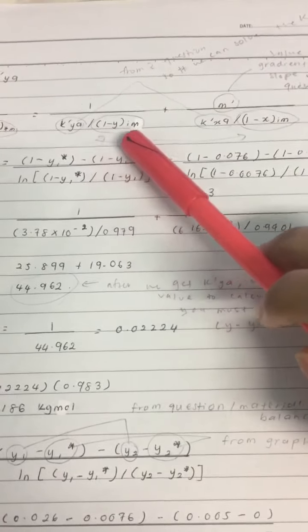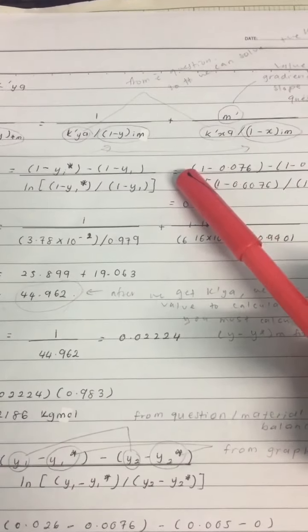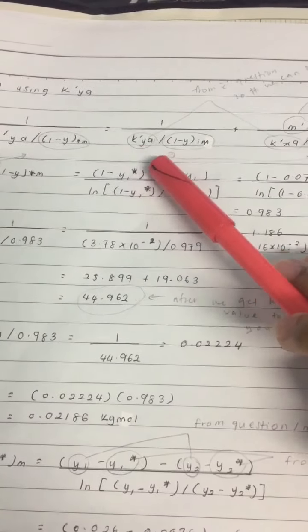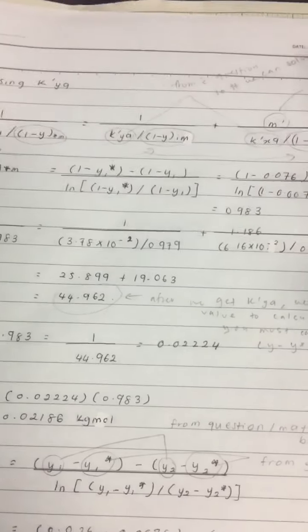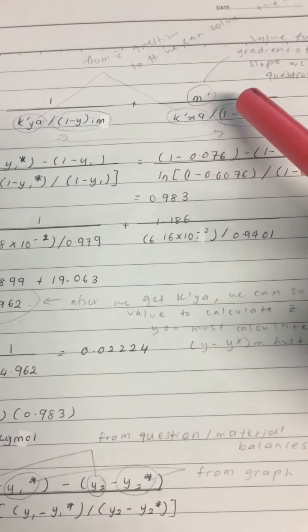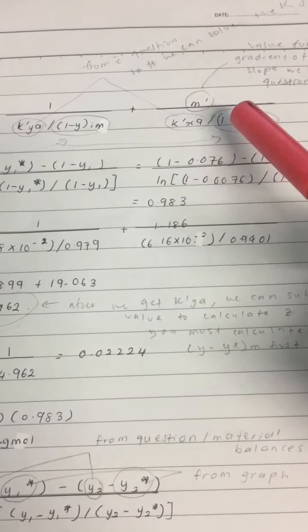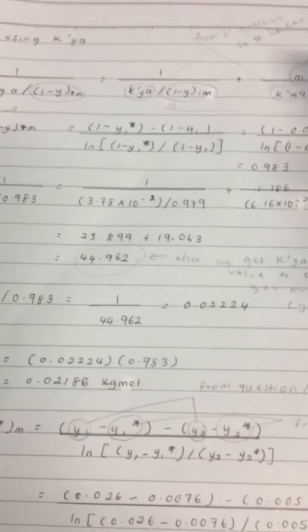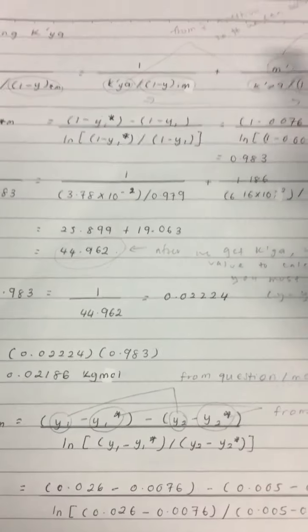The values of y minus yim and y minus xim were calculated previously in questions A and B. The values of k prime ya and k prime xa are also given in the question, and m prime is the gradient of the equilibrium slope, which is also given, 1.186.